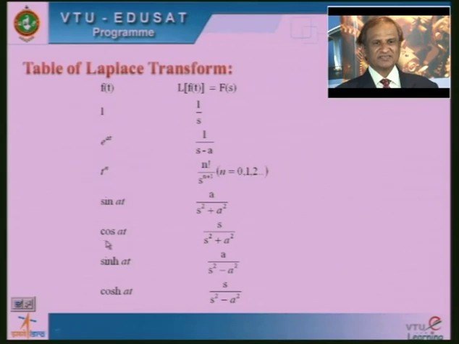What is the Laplace transform of cos a t? S divided by s square plus a square. What is the Laplace transform of sine hyperbolic a t? A divided by s square minus a square. Similarly, Laplace transform of cos hyperbolic a t is a divided by s square minus a square. Sorry, s divided by s square minus a square.